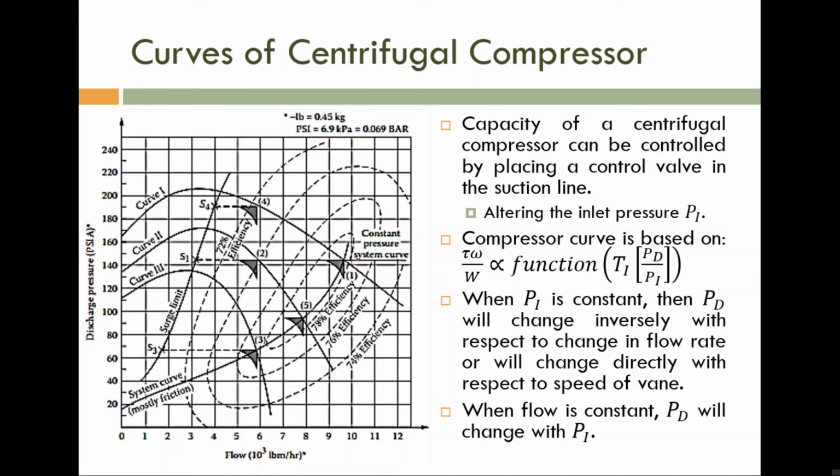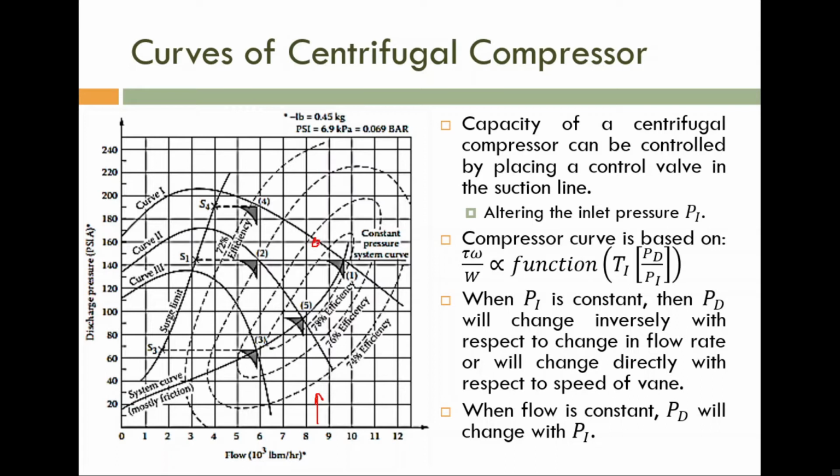So what is happening if suction pressure is not constant? As per this relationship, at a particular flow rate, even if the compressor ratio is constant, with respect to the variation of suction pressure, discharge pressure will definitely change. For example, at this particular flow rate, this one is the discharge pressure.